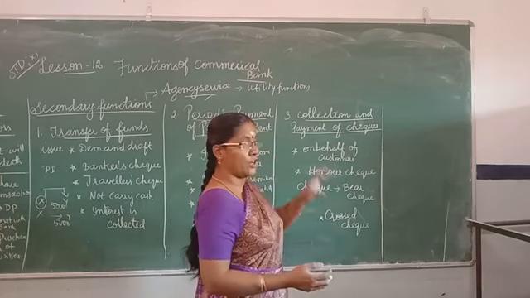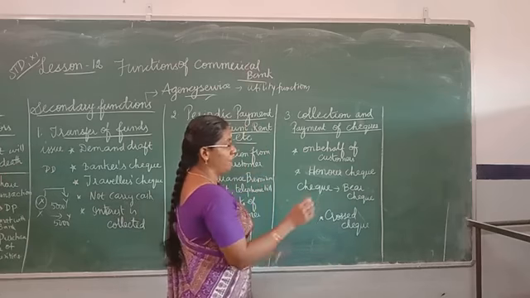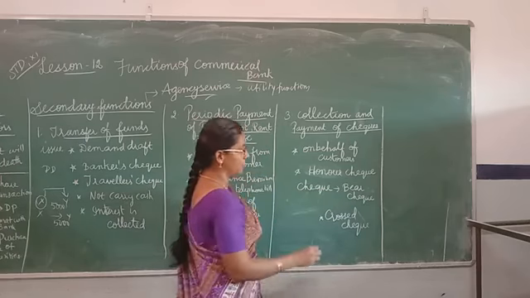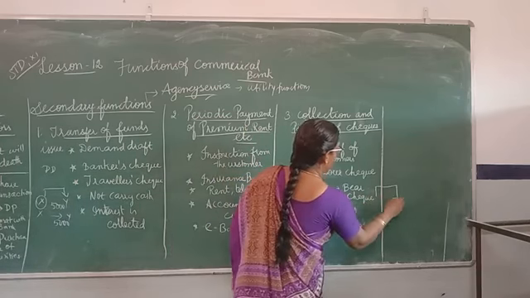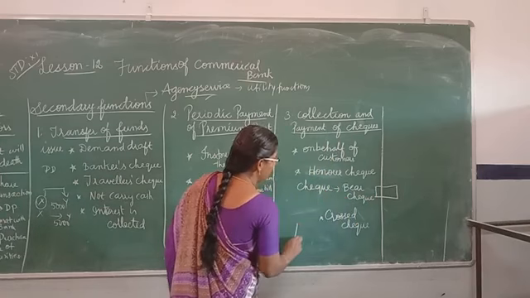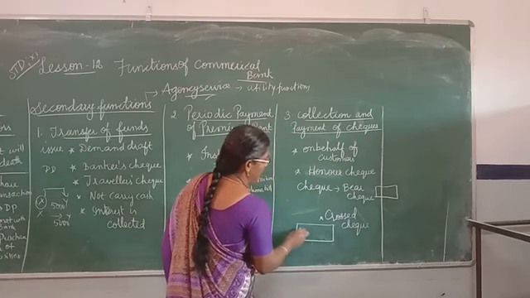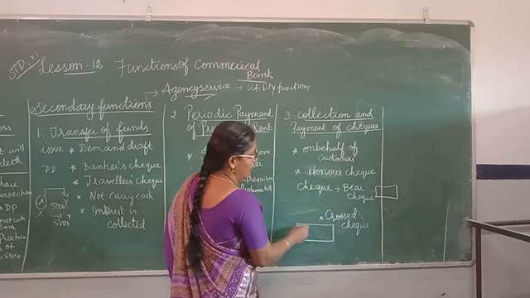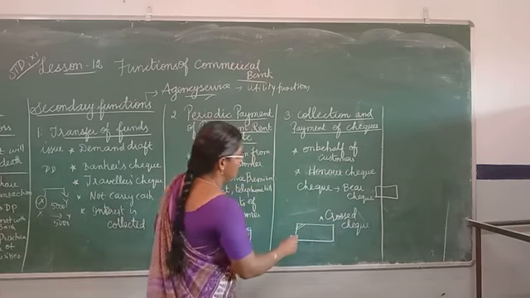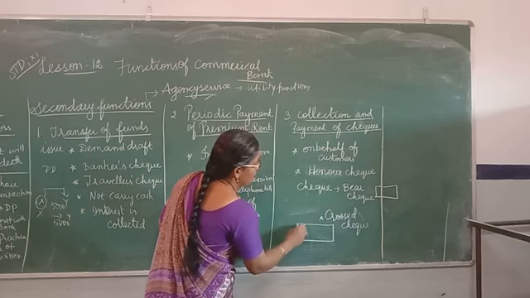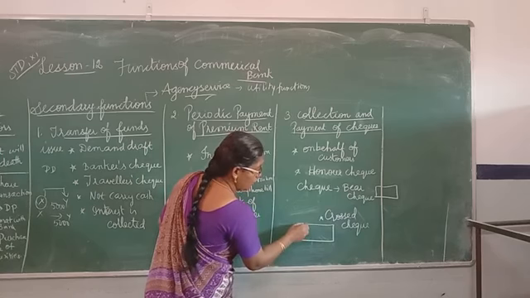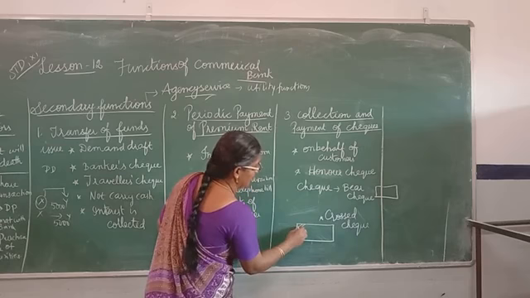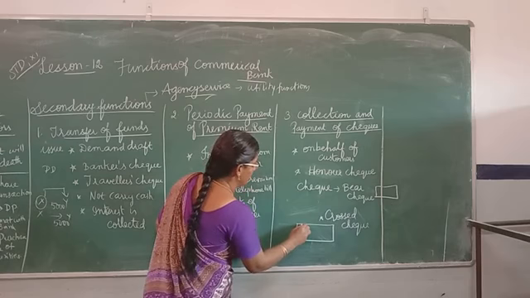Here, in the case of a cross check, what is the difference between the bearer check and the cross check? Cross check means you draw transverse parallel lines in the corner of the check. That is cross. Or you can draw the parallel lines and write "account payee only".